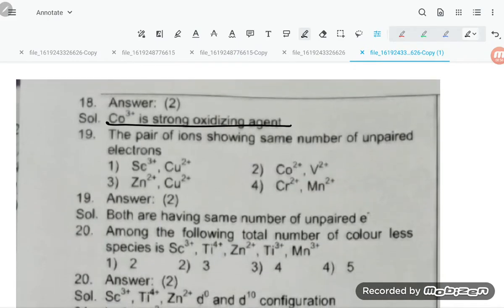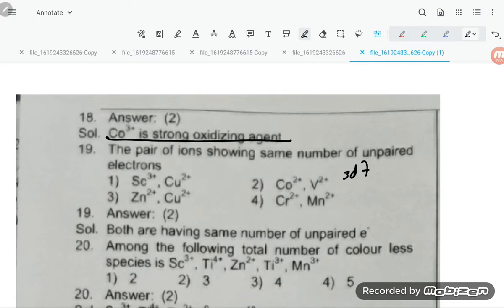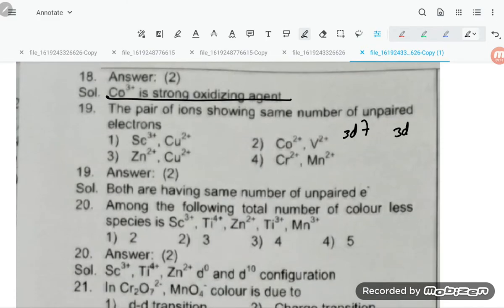The pair of ions showing the same number of unpaired electrons. Co2+ is 3d7, and V2+ is vanadium, 3d3. So how many unpaired electrons in 3d7? 1, 2, 3, 4, 5, 6, 7.